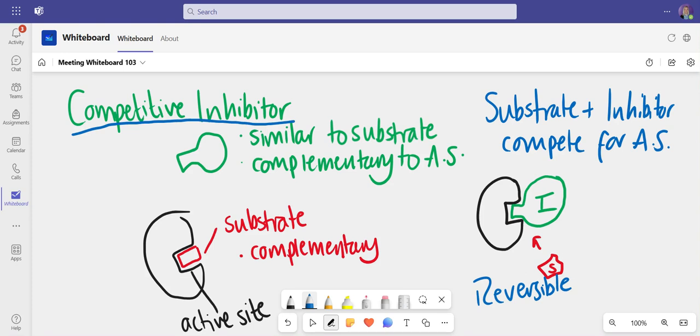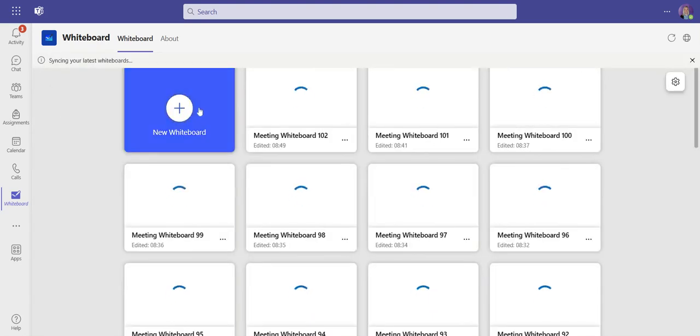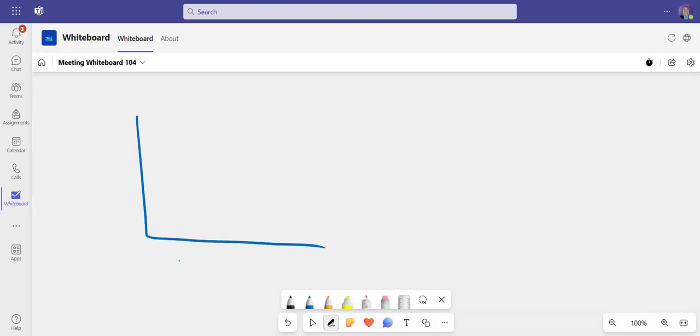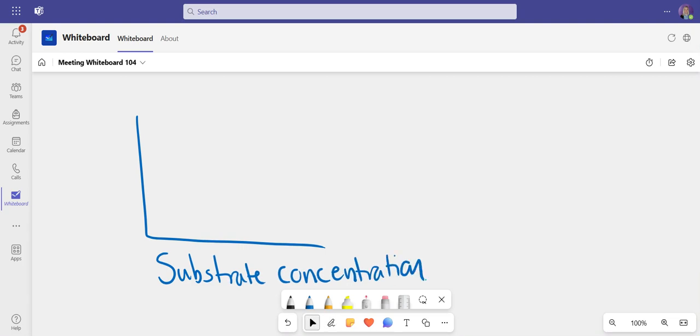So increasing the concentration of the substrate, let me draw it on a graph. Down here, substrate concentration, and then at the side, we put the rate of reaction.